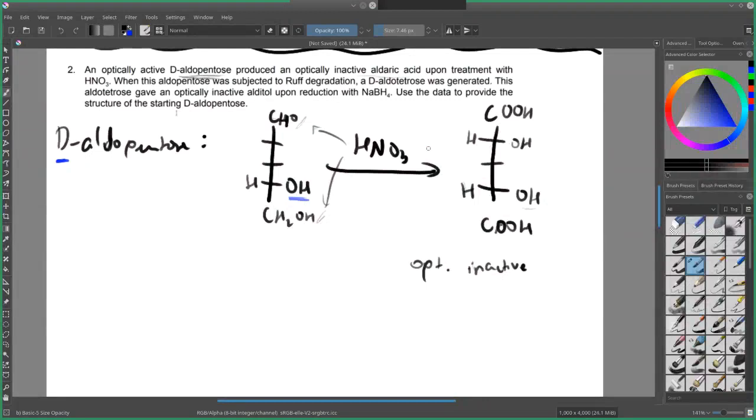Oh yeah, there we go. Yeah, so that's exactly the way to do it. You can use the fact that this structure is going to be meso. And what we mean there is that we are able to draw a line going directly across, which is a plane of symmetry.